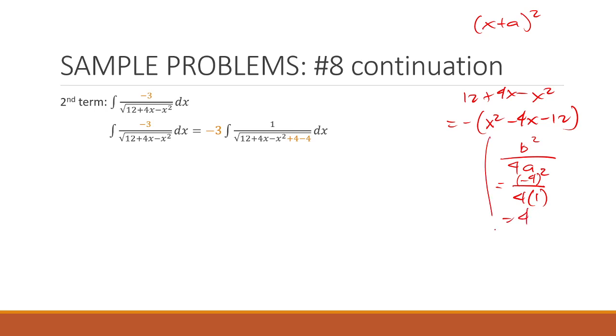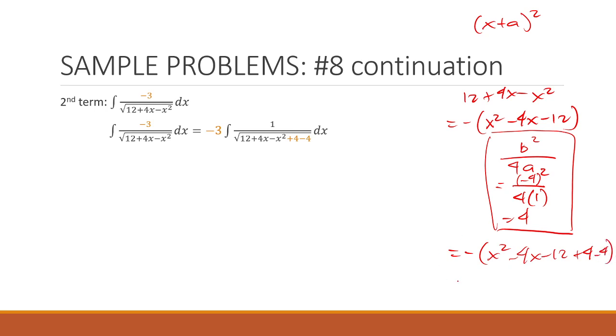Okay, so we can now write this expression as x squared minus 4x minus 12 plus 4 minus 4.